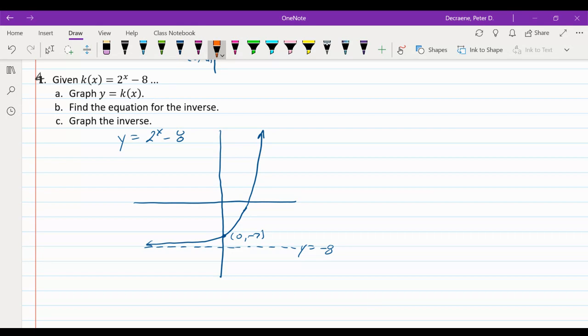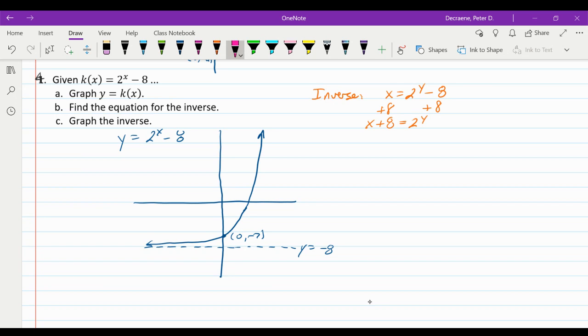The inverse, again, we're just going to switch x and y. So we've got x equals 2 to the y minus 8. And we use our solving skills. Add 8 to both sides. I've got x plus 8 equals 2 to the y. And here's the new bit. How do we undo exponentiation, raising to a power? This is where logarithms come in.